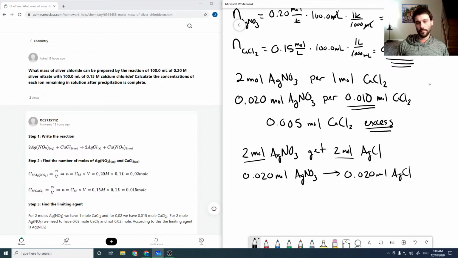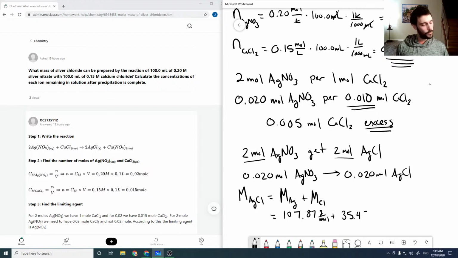To get the mass of silver chloride, we're going to need our molar mass, which is just the molar mass for silver plus the molar mass for chlorine, which is 107.87 grams per mole plus 35.45, which comes out to be 143.32 grams per mole.